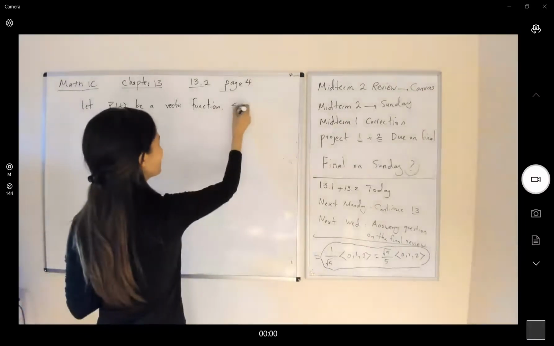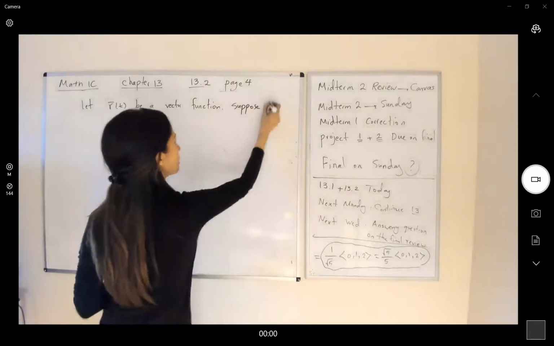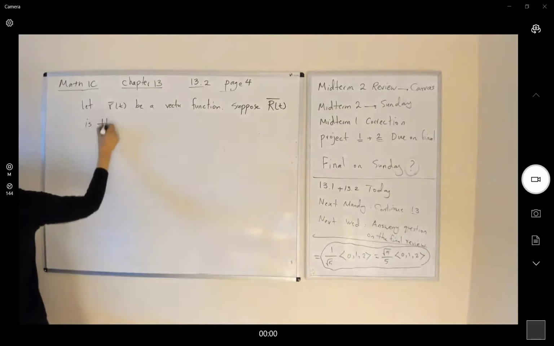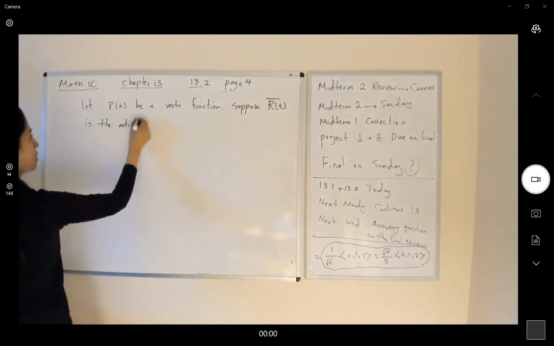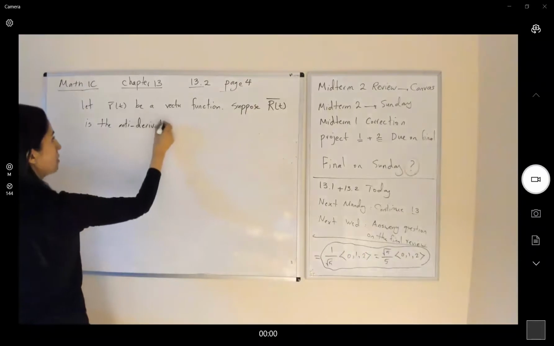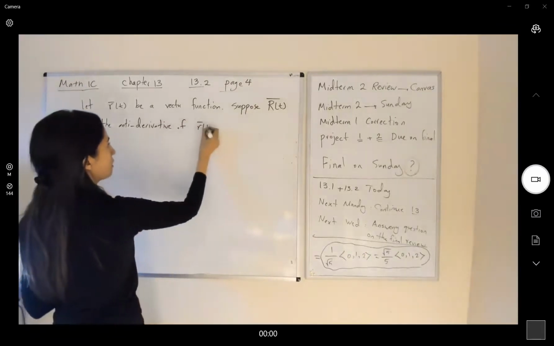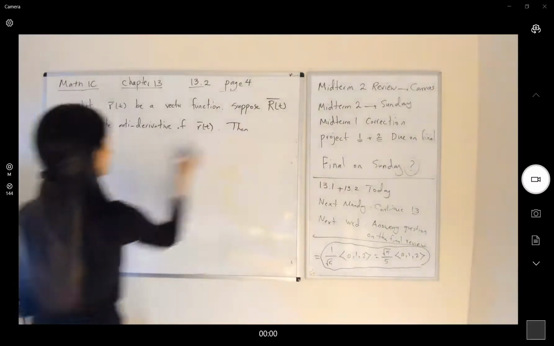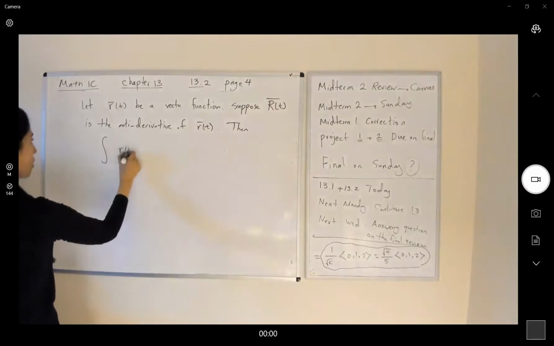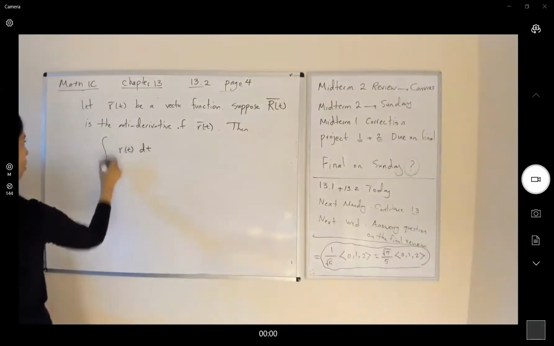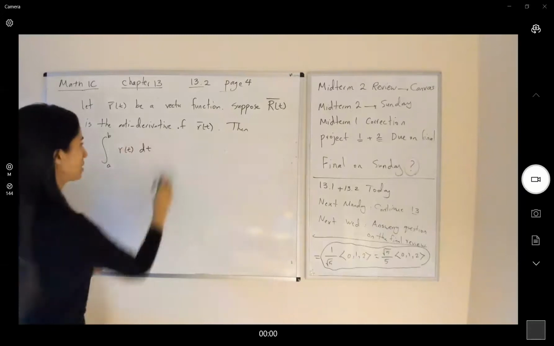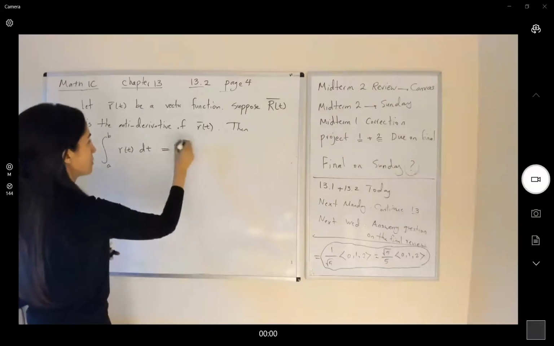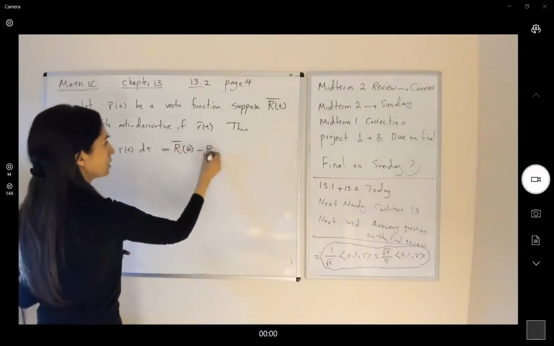Suppose capital R(t) is the anti-derivative of the vector function r(t). Then the integral of r(t) dt while t ranges between a and b is equal to R(b) minus R(a).